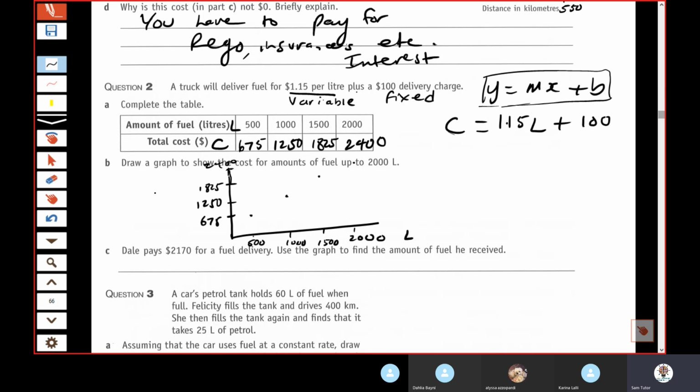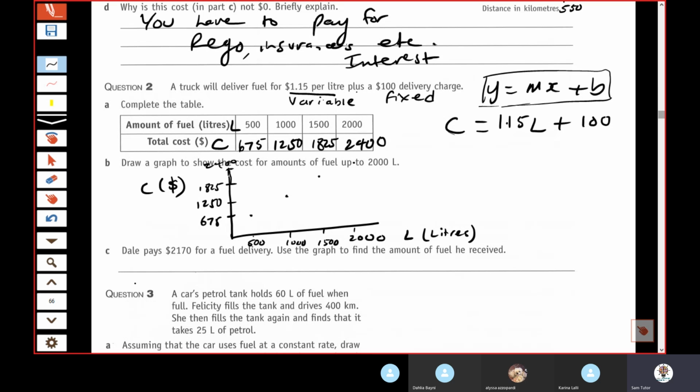I would have to write C and an open bracket in dollars, so I know that I'm reading that as dollars. And same thing with this. I've already written L for liters, but maybe you want to write liters. You wouldn't necessarily lose a mark for this one because you've written L, but you would lose it for C here.